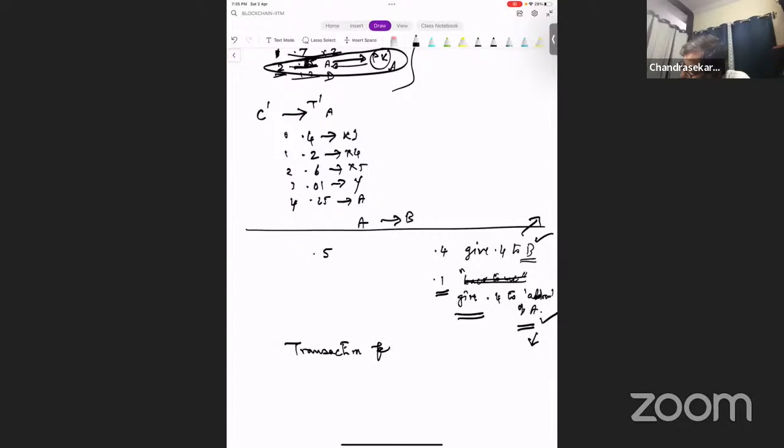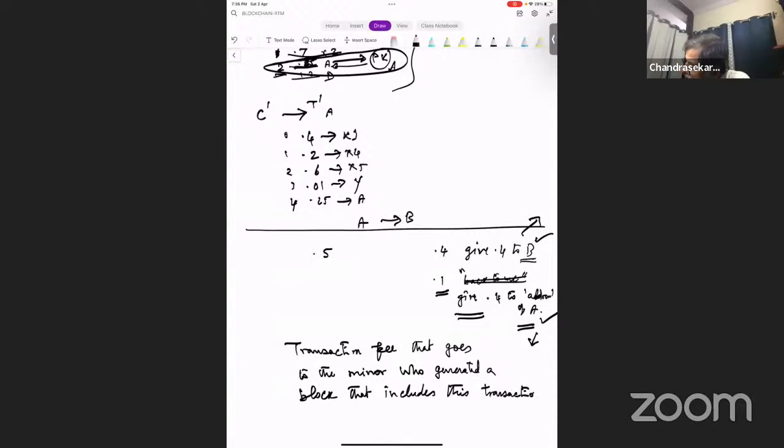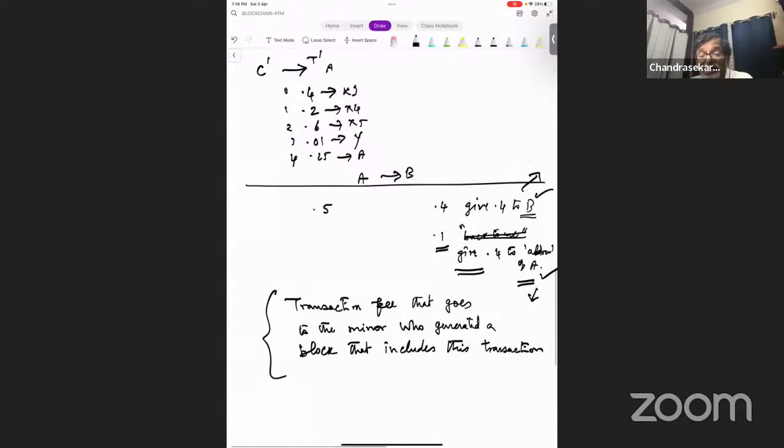There is a transaction fee that goes to the miner who generated a block that includes this transaction. This T is included in a block and then in a blockchain by one miner. Some miner has done it. For him, a transaction fee will go.